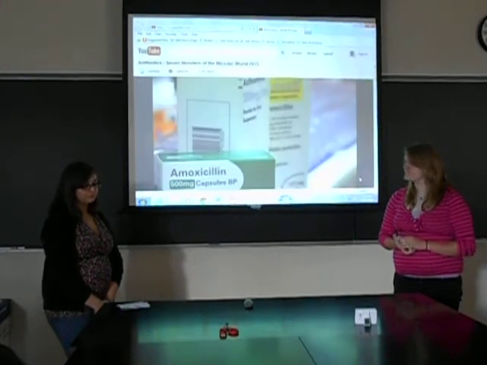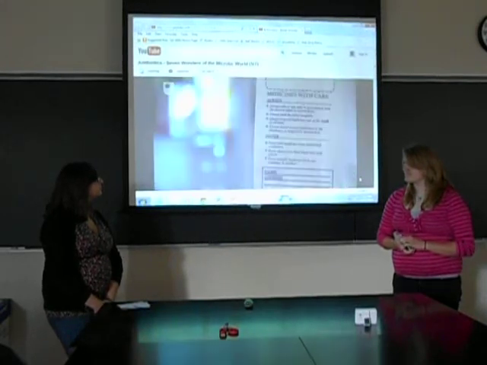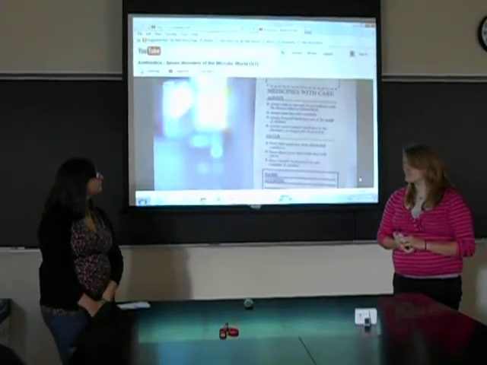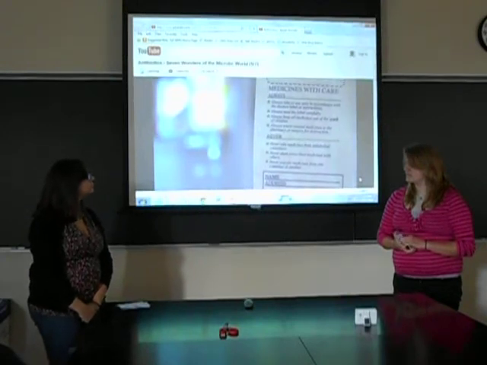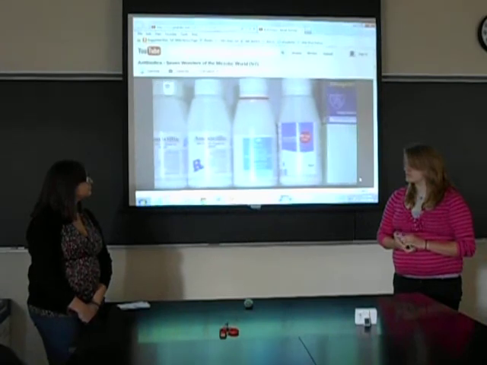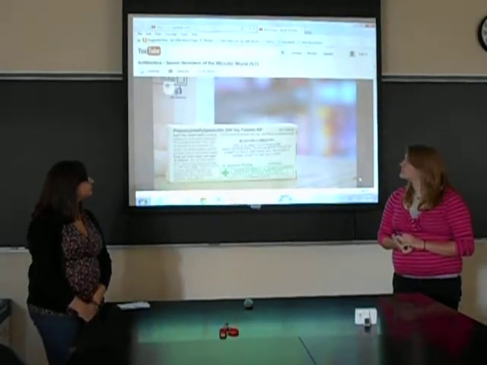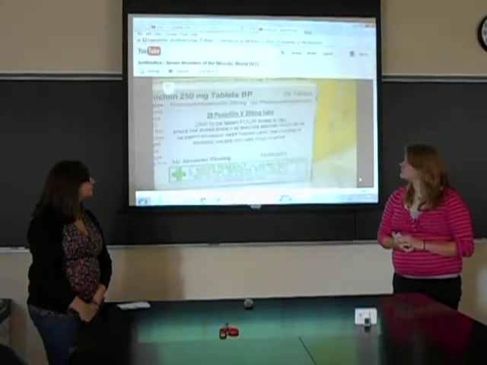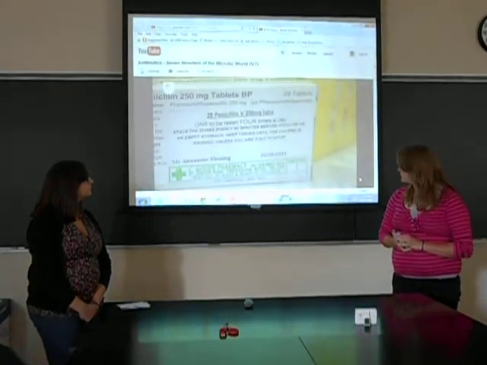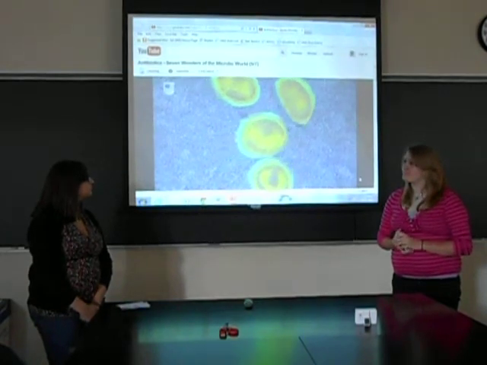GPs prescribe 133 million courses of antibiotics every year. It's estimated that 50% of these prescriptions are unnecessary, and by taking antibiotics that you don't need, you could be making yourself more at risk from the disease. If you don't complete your antibiotic course, you expose the microbe to concentrations of antibiotic which don't kill it. Some bacteria, such as MRSA, have become highly drug resistant.